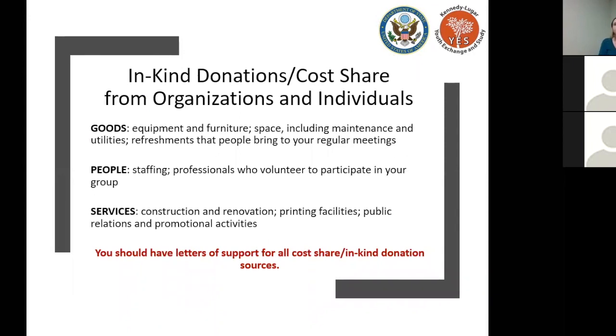All right, so talking a little bit about in-kind donations or cost share. These can come from organizations or from individuals, and it will include things like goods, like equipment, furniture, space, including like maintenance and utilities, like electricity bill, for example, or refreshments that people bring to your meetings.